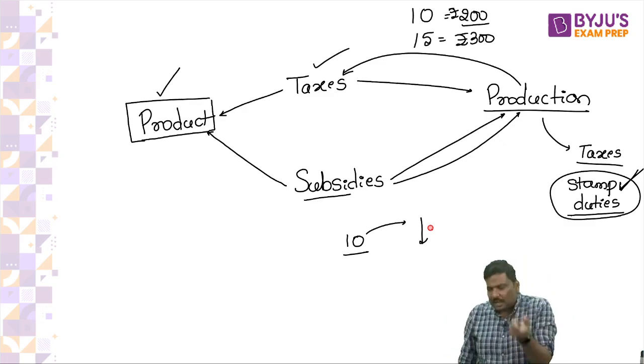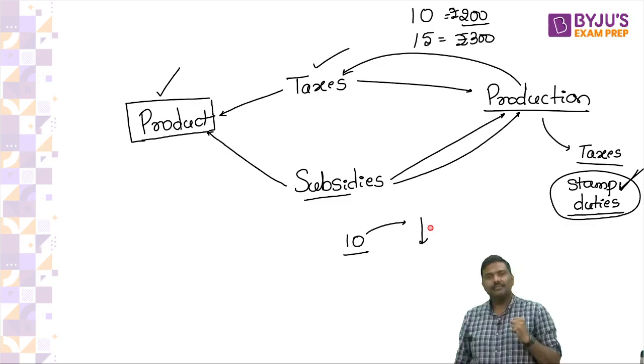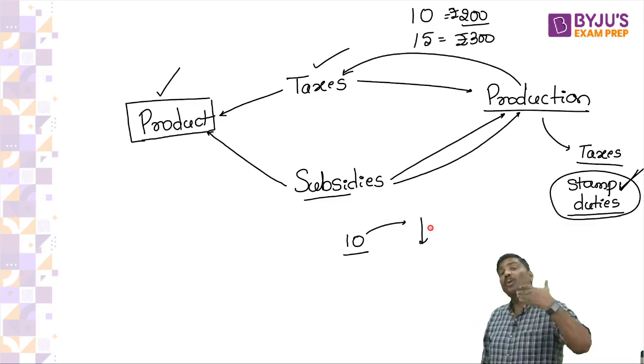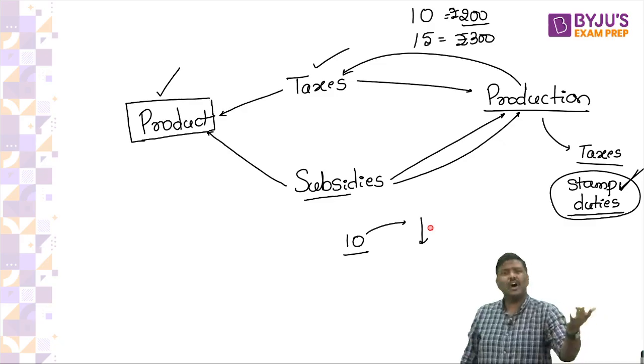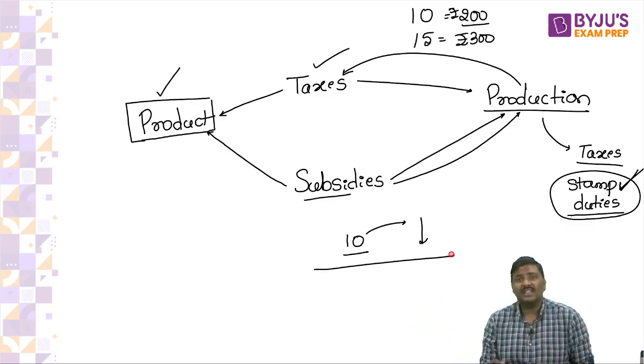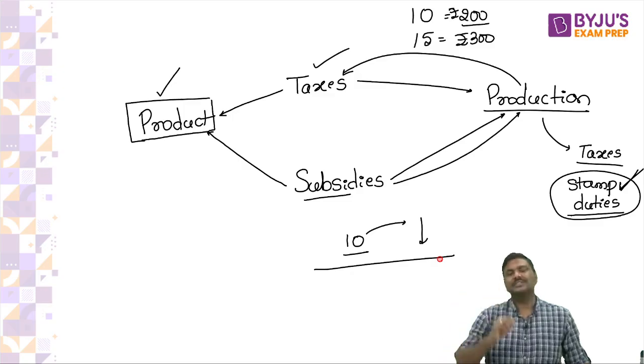Do you think this subsidy is connected to the volume of production that you're doing? I hope you understand this. Do you think the subsidy that the government is giving here is connected to volume of production? Absolutely no. How much you're producing doesn't have any connection to the subsidy given here. Or else I'll give you one more example. Follow this.